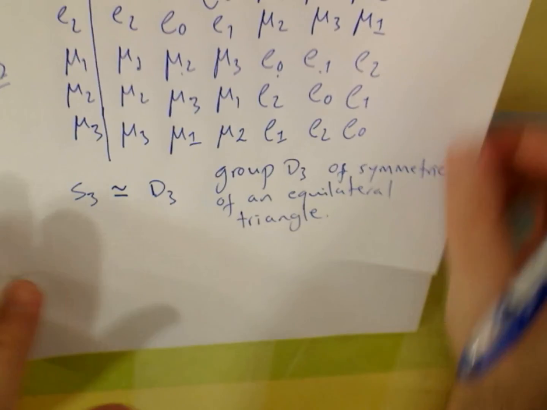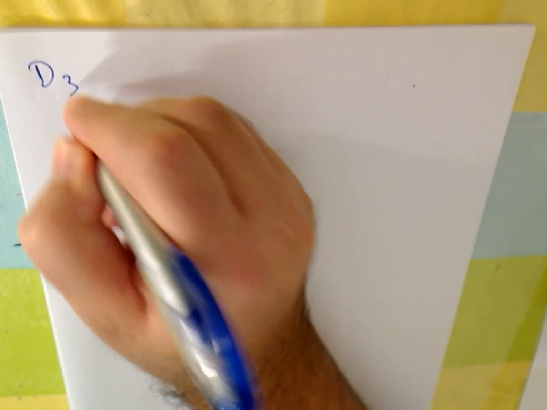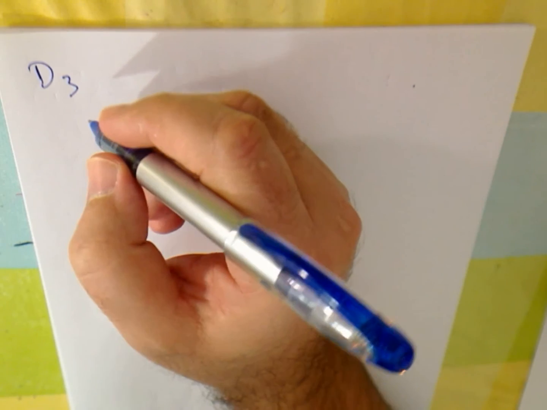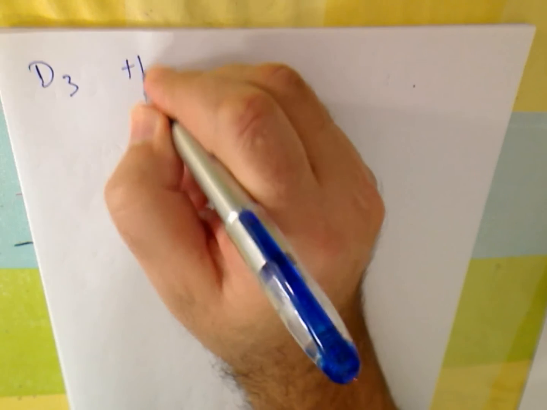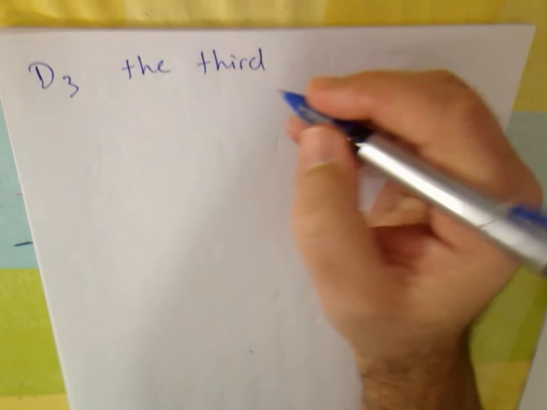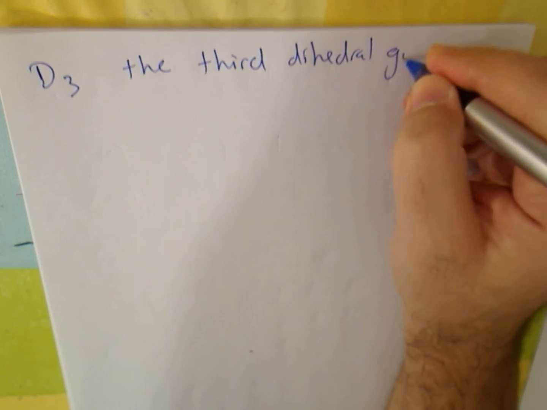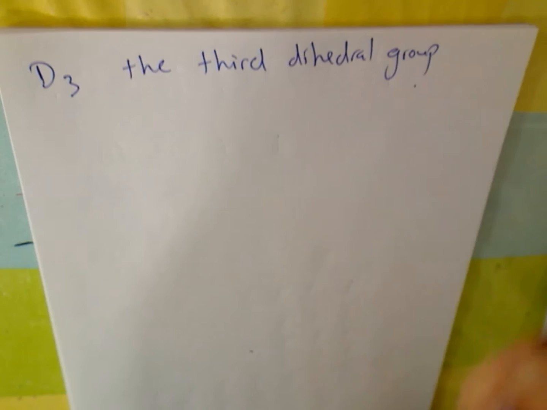So D3, I'm going to write this because after this I'm going to move to the dihedral. So D3 stands for the third dihedral group. Okay?